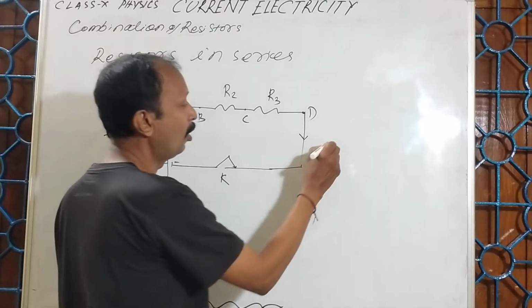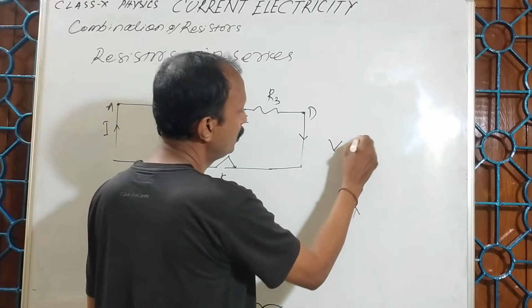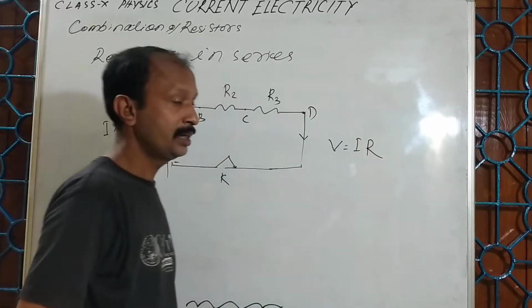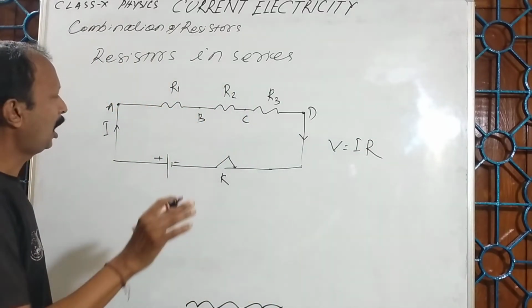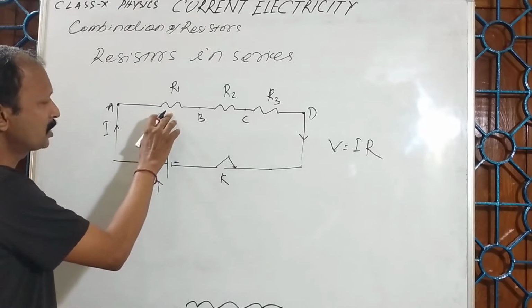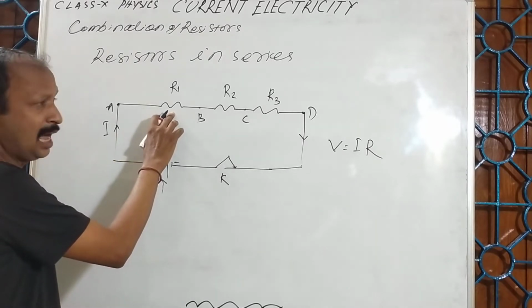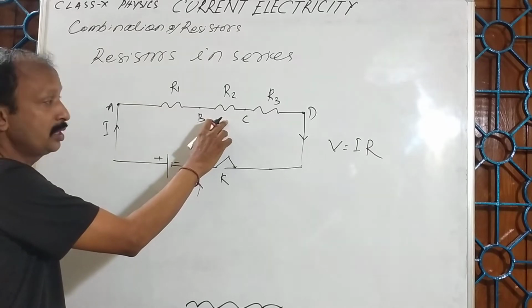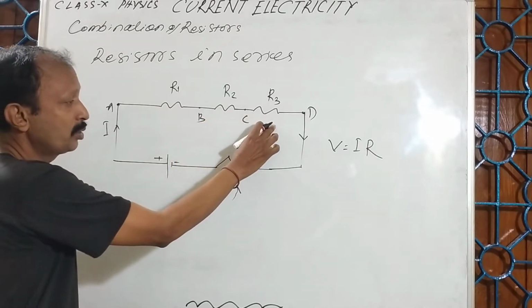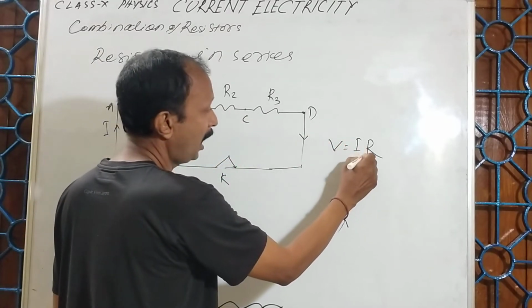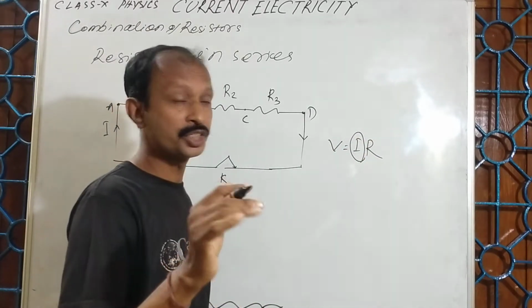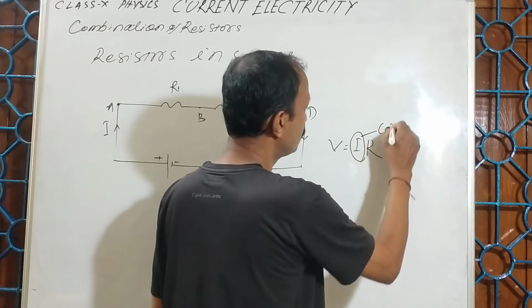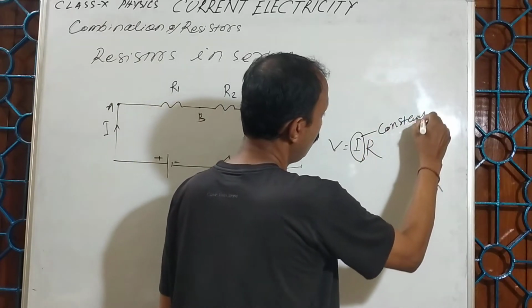We know that from Ohm's law, V is equal to I R. In this case, the current is constant. The same current flows through the resistance R1, the same current flows through R2, the same current flows through R3. That means I is constant here.